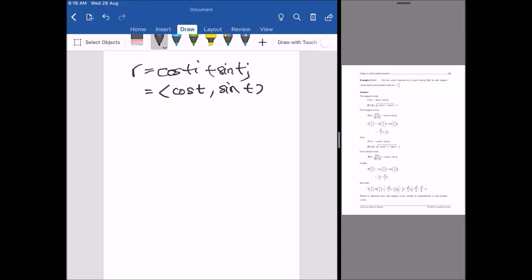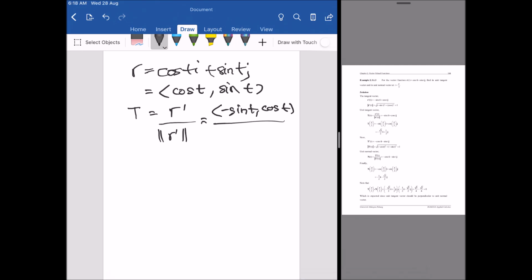The formula for the unit tangent vector is the derivative of r, which is r prime, divided by the magnitude of r prime, in which the derivative of cos is negative sin t and the derivative of sin is cos t.